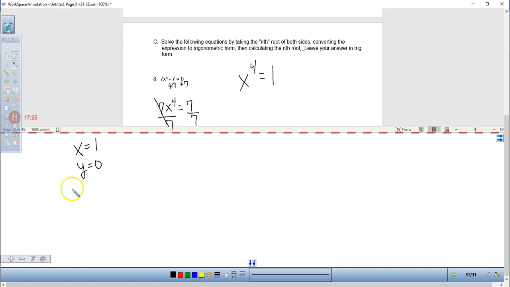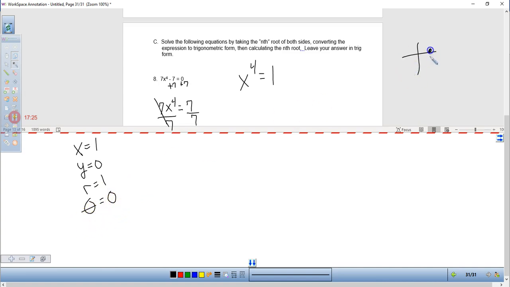From here, we're going to calculate r. r is 1. 1 squared plus 0 squared equals r squared, so r has to be 1. And I need theta. Well, when x is 1, y is 0, theta is 0.